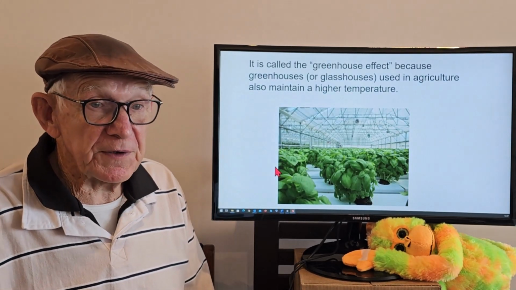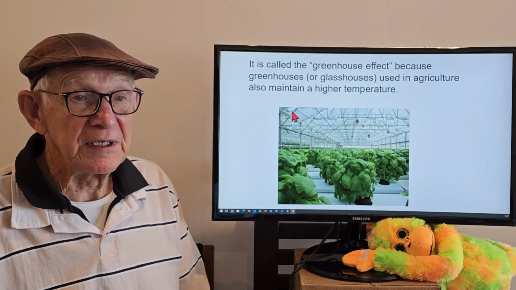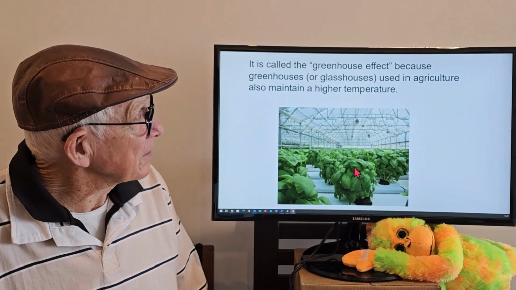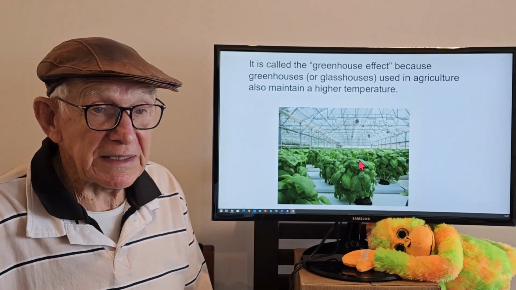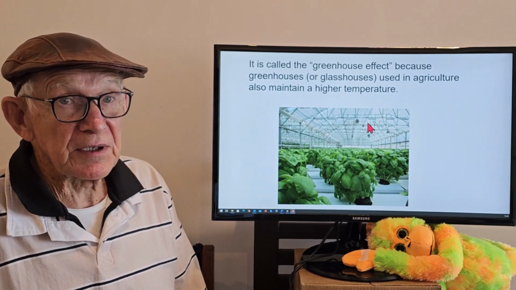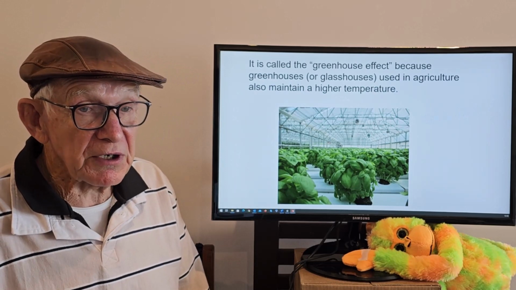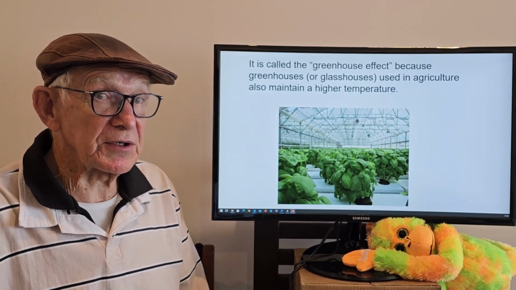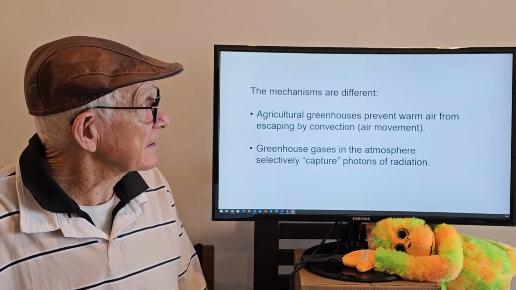Now, I want to make the point, first of all, that it's called the greenhouse effect because greenhouses or glass houses, there's a picture here of a glass house, that are used in agriculture also maintain a higher temperature than if that structure was not around the plants. But the mechanisms by which this greenhouse maintains a warmer temperature and the carbon dioxide molecules in the atmosphere maintain a warmer temperature are vastly different.